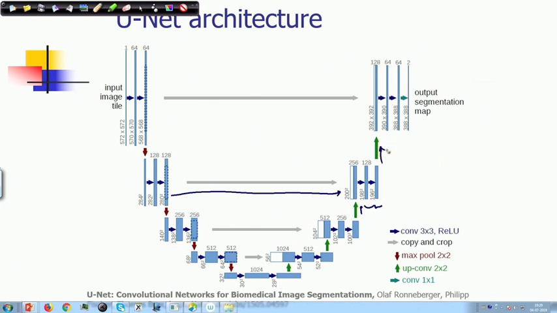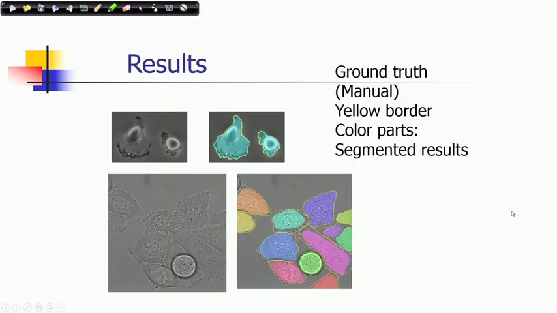Then again it is upsampled and performed in the same fashion. This is the operation done in the U-Net architecture, and using the input-output specification you train it, and once the training is over, you can use it for semantic segmentation.